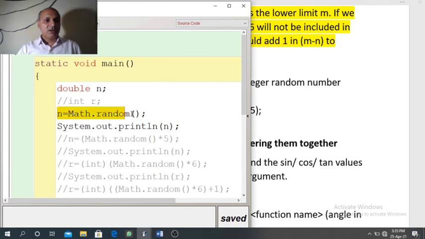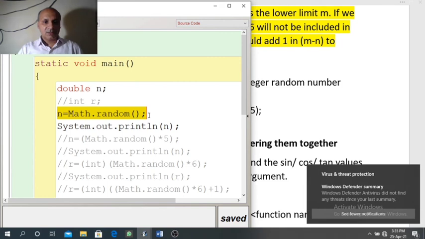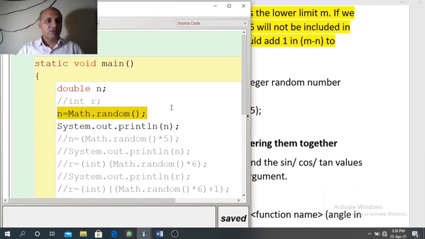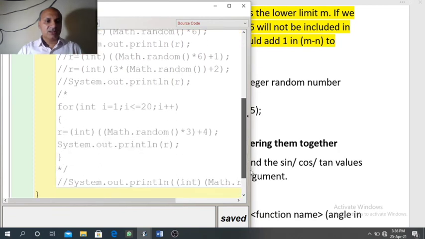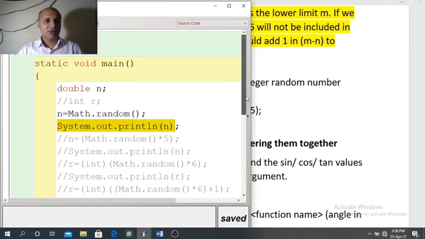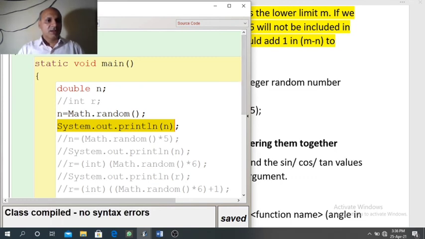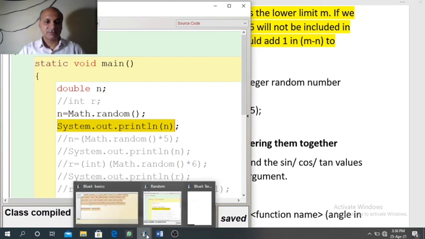N equal to math.random. That is the general function without any argument. Now printing the value of n. I have written many statements that are written with comments, so it will not execute. Focus only on these 3 lines. In this case, n will store any number between 0 and 1. That is the syntax of random function.